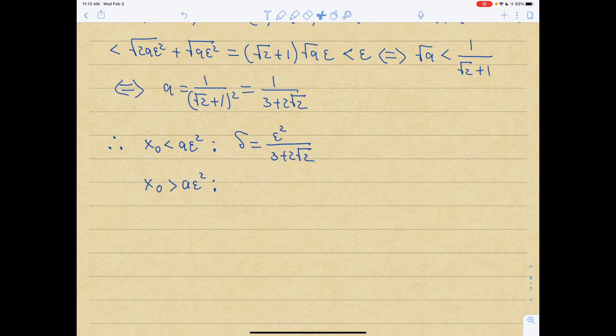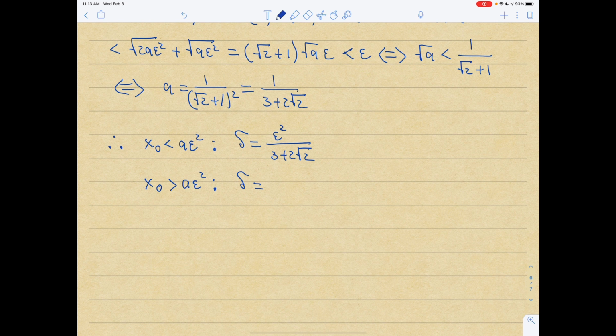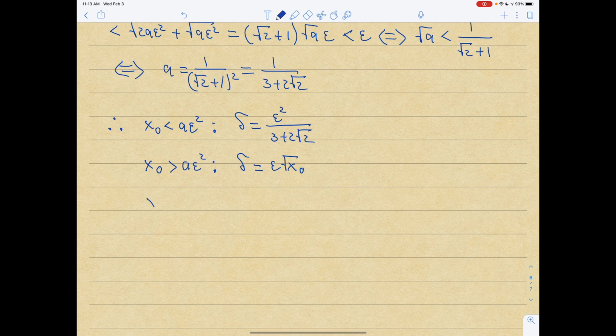So delta is epsilon square root of x0, and if x0 is equal to 0, then delta must be epsilon squared.